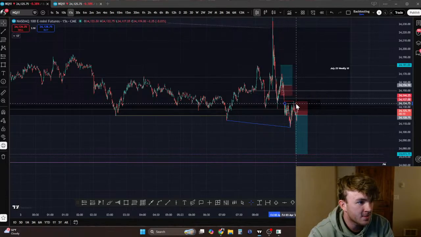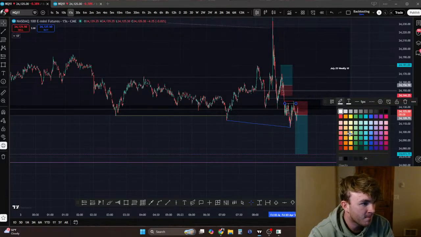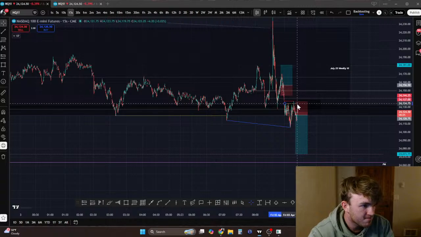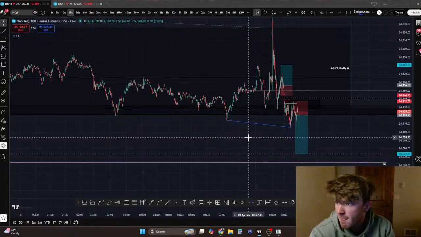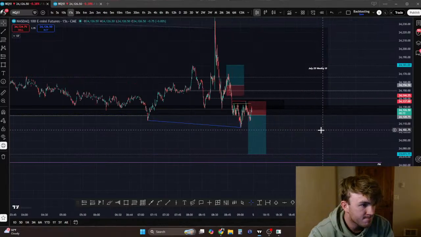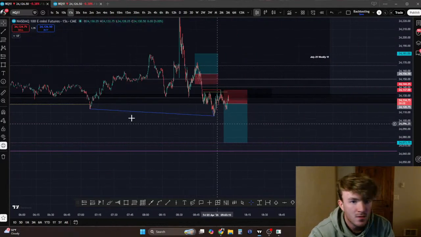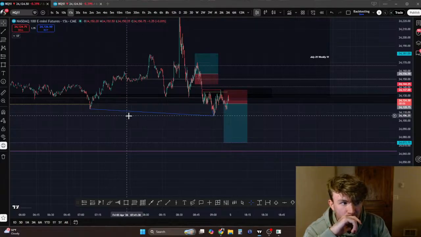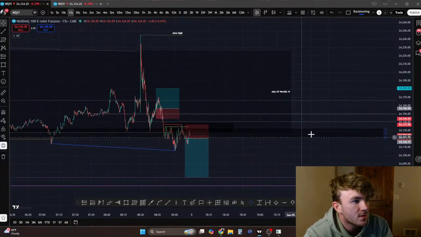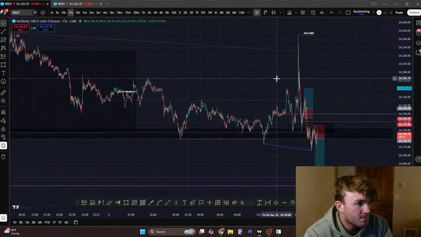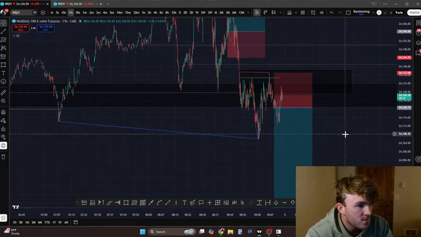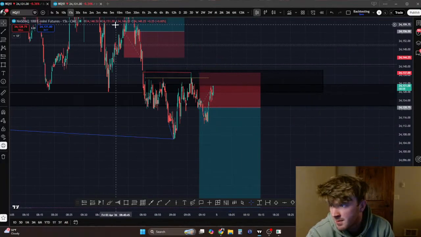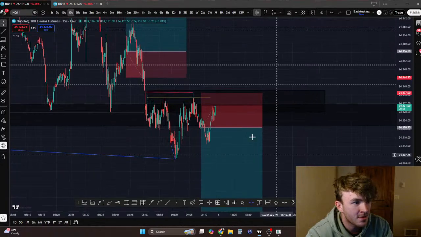Right, you see how these equal highs are just kind of a soup? Now it might end up being Venom or something, and then we get stopped out here. It's about to stop me out.